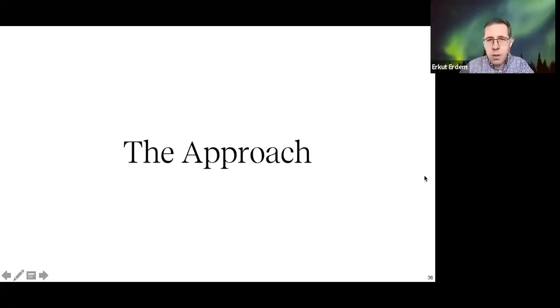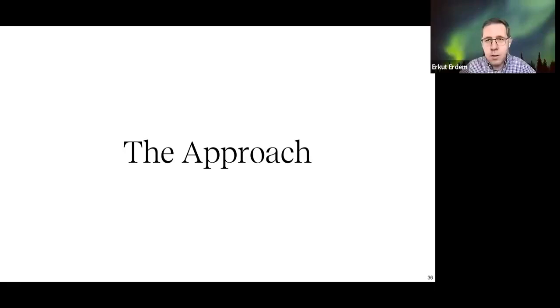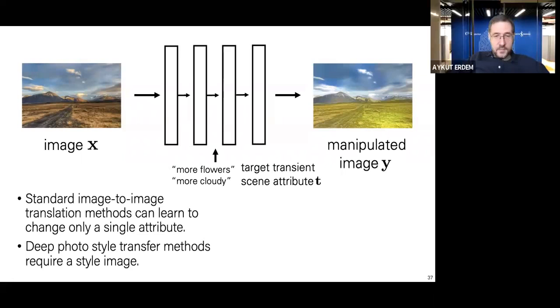So as Aykut mentioned, here we are trying to develop an image-to-image translation method, but we are considering some additional conditions, additional information about the scenes and the attributes. In that sense, yes, it can be regarded as a standard image-to-image translation method, but please recall that the standard methods can only learn to change a single attribute.